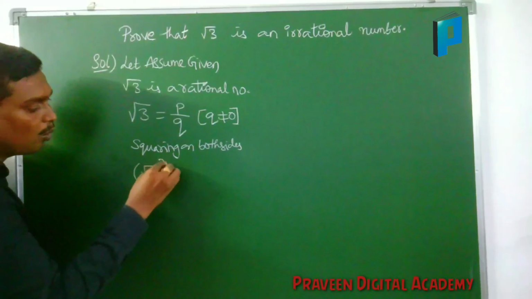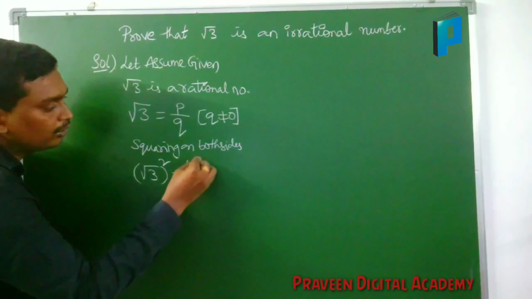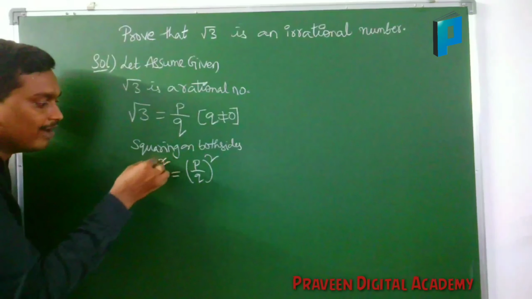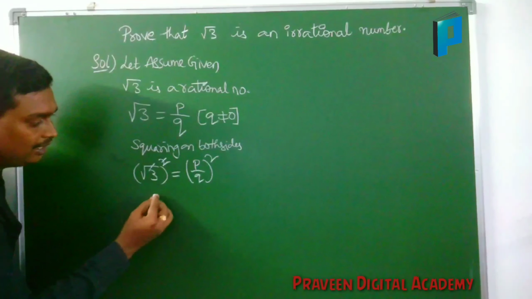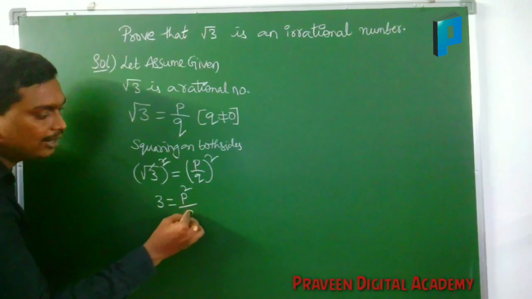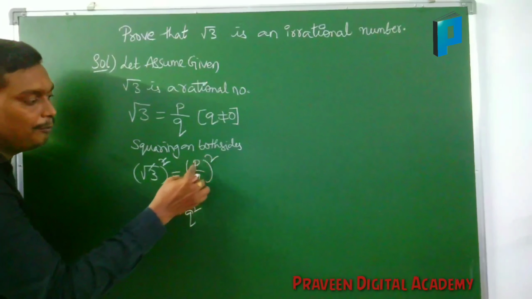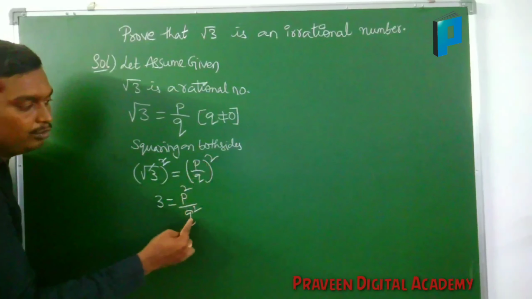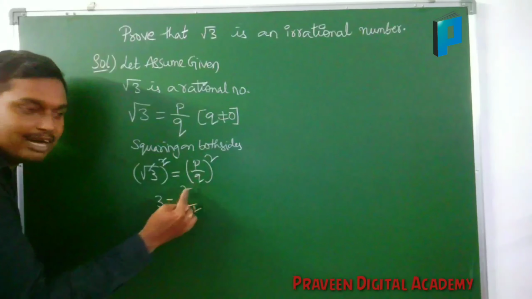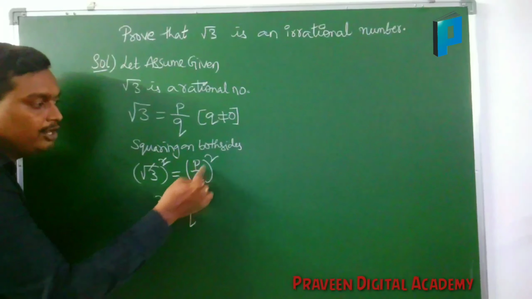Root 3 whole square is equal to P by Q whole square. Here the square root will get cancelled. What we get is 3 is equal to P square by Q square. The square applies to both P and Q, so I am writing this as P square by Q square.